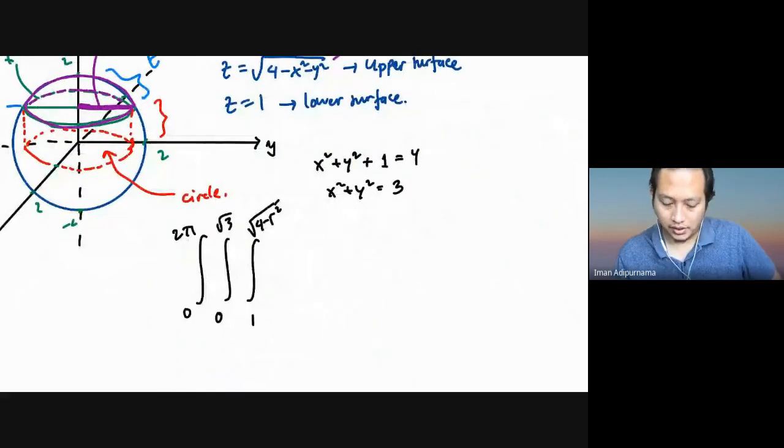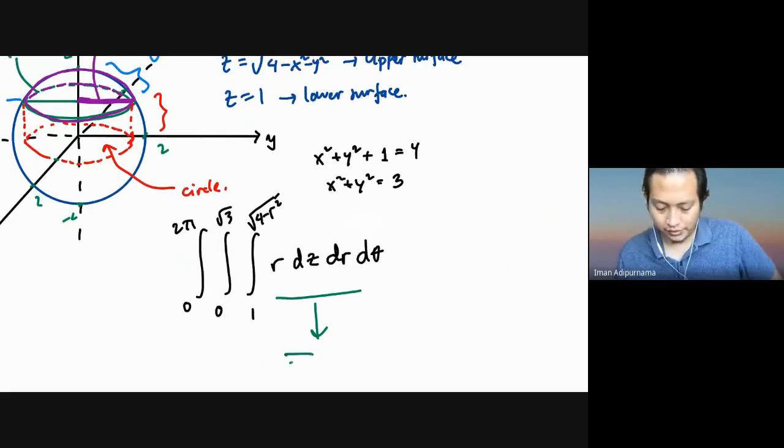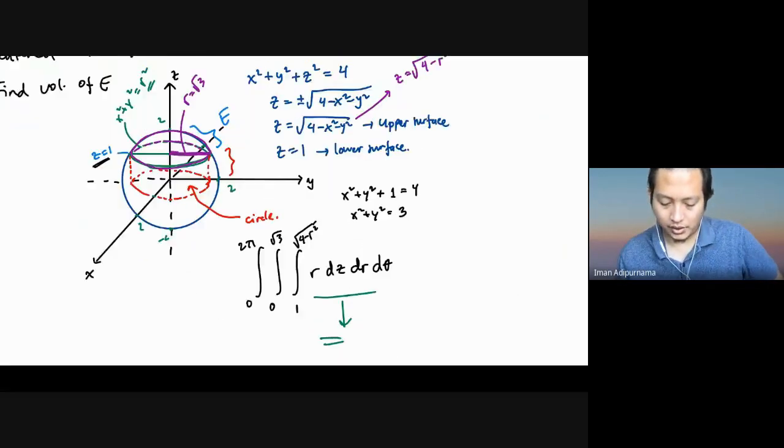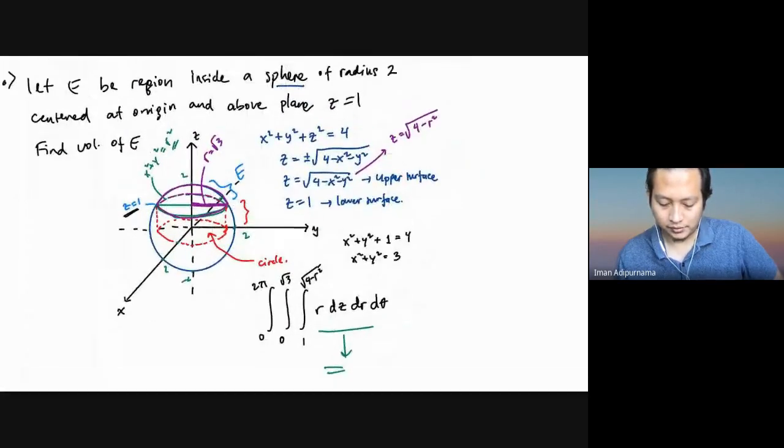Okay, and then r dz dr d theta. And then you can solve this by yourself. I believe it's not too difficult to solve. And that is our volume. Okay.